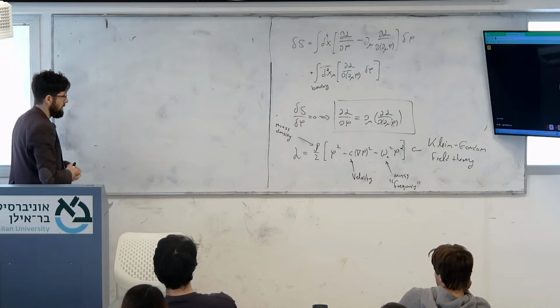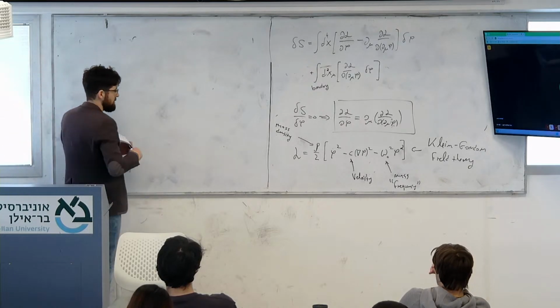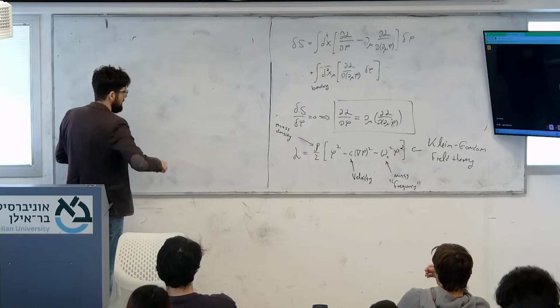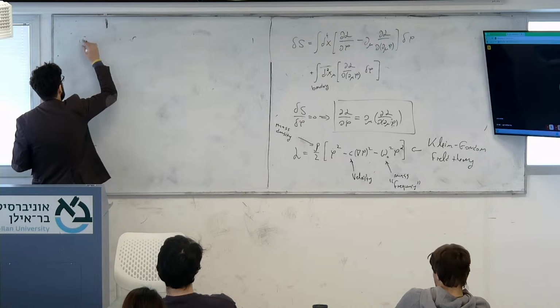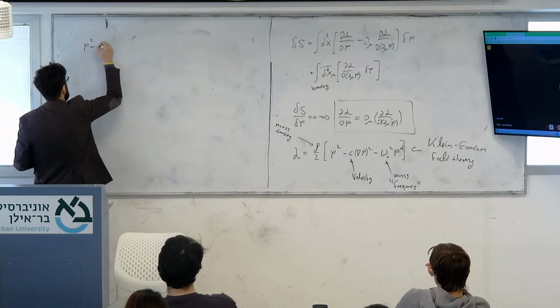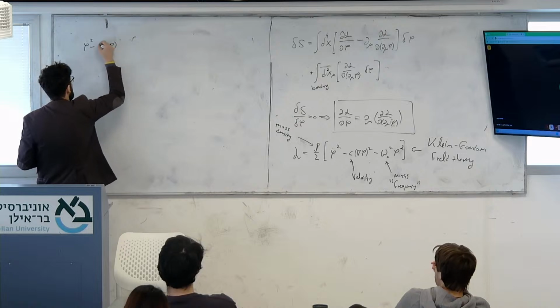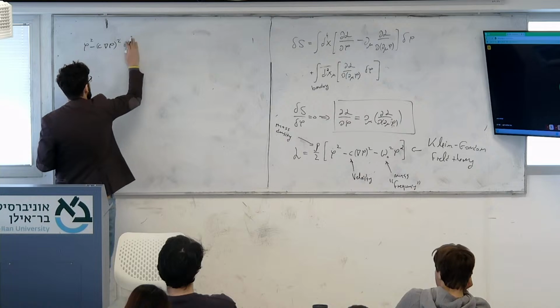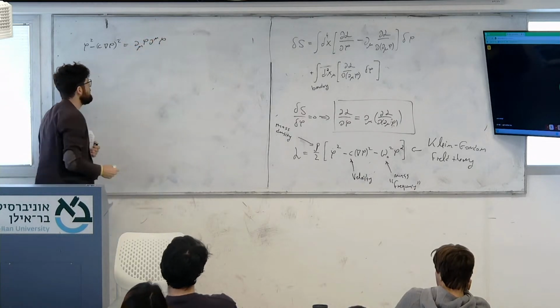Yeah. So let's obtain the equations. First of all, we can write phi dot squared minus C phi squared as d mu phi d mu phi.